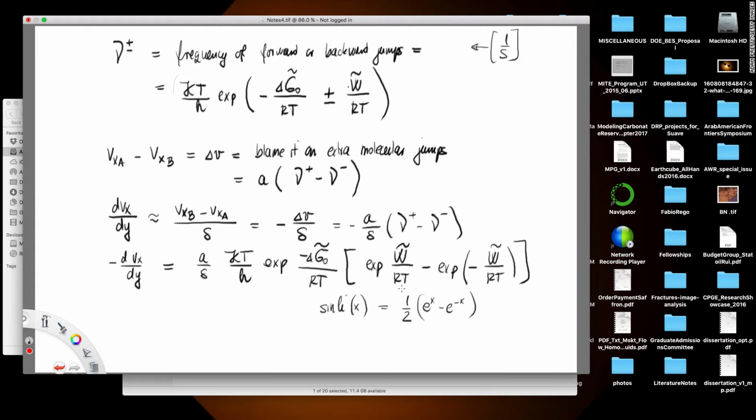So this term is essentially 2 sinh of, and actually I can then write what W is. It's 2 sinh of a tau yx.